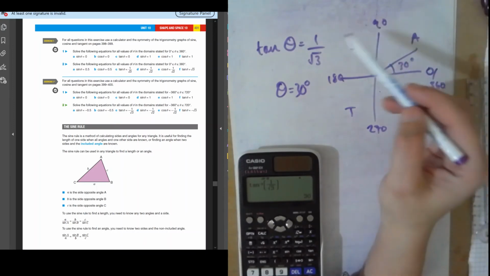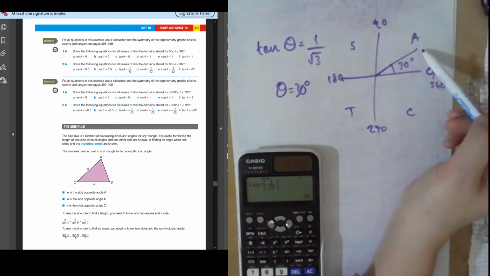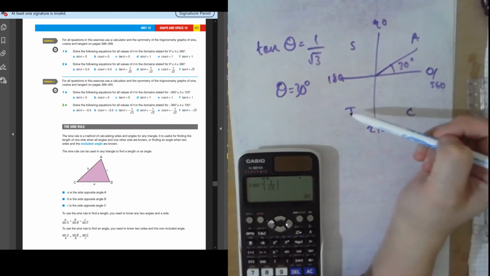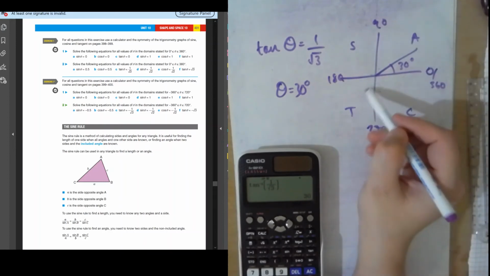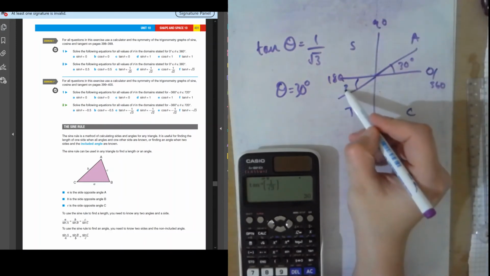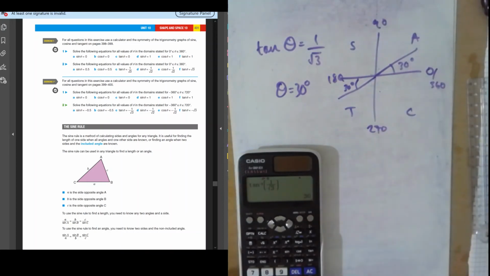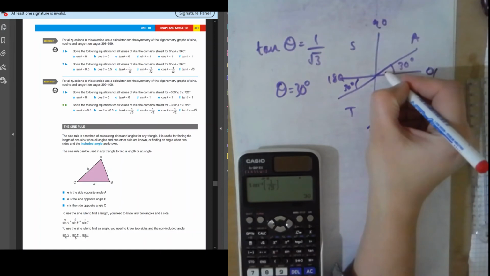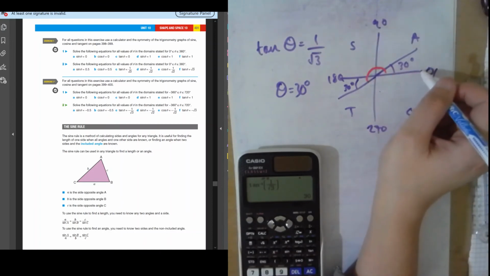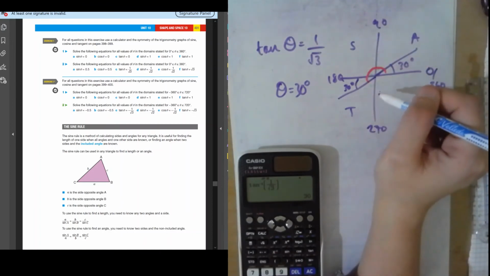Because it's tangent, tan is positive in this quadrant, so find the other quadrant where tan is also positive, which is this one just down here. I'm going to do 30 degrees to the horizontal. To find the angle, I take it all the way from 0 and measure it around.